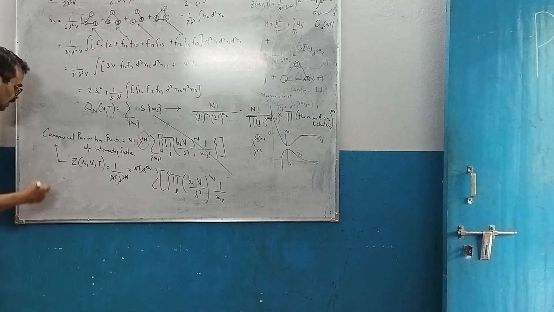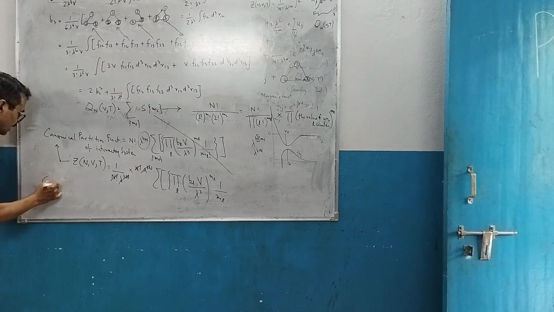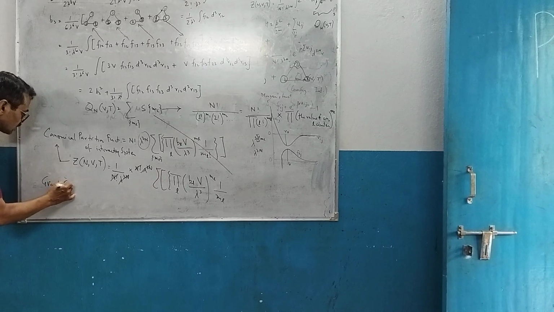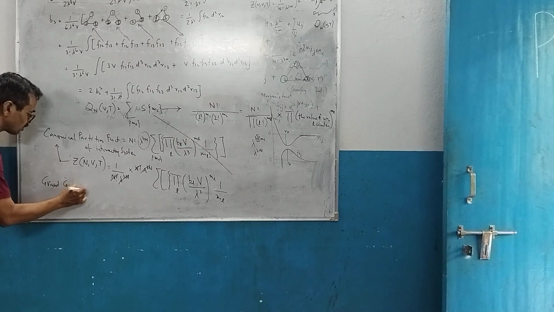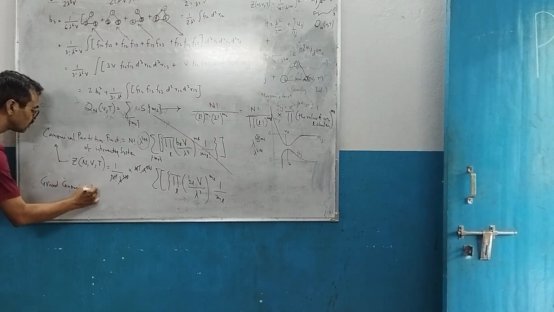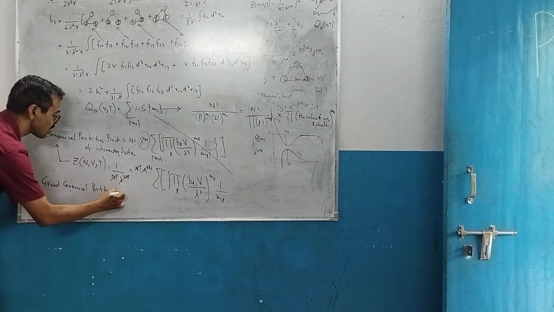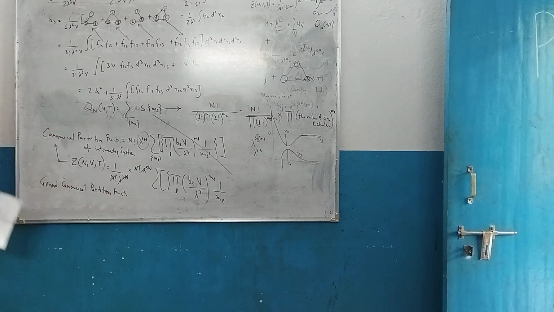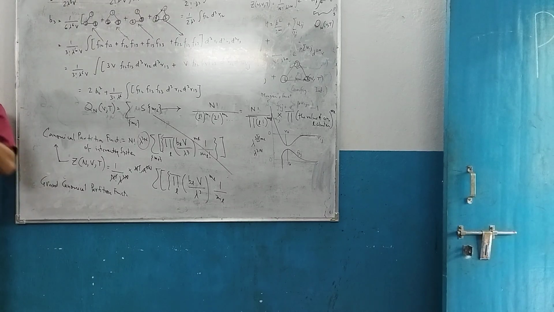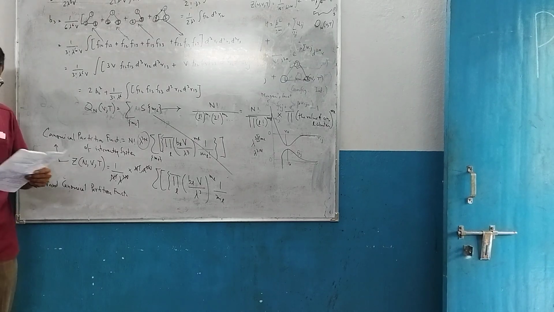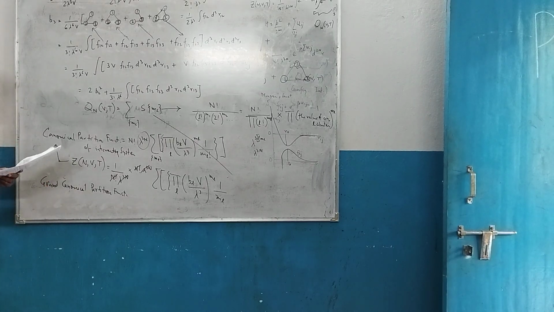But if you want to take the grand canonical partition function, where your number of particles also doesn't remain constant, and if you want to vary them, what do you alter actually?